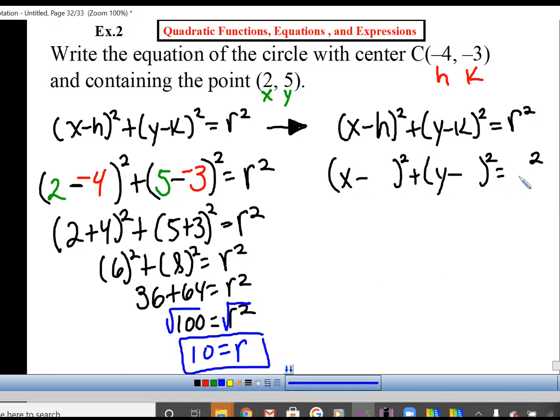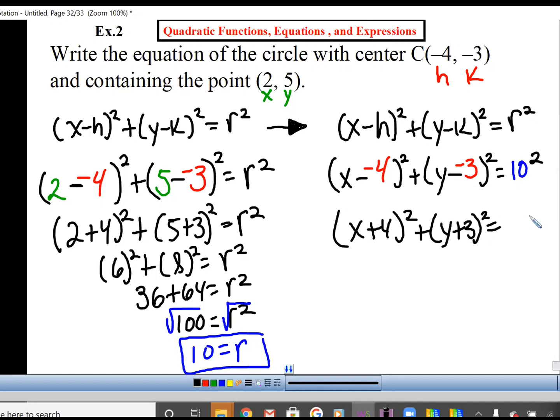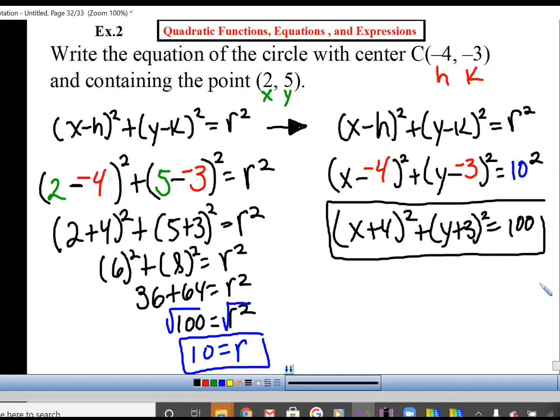What is r? R is 10. What is h? -4. What is k? -3. Let's simplify. So this is parentheses x plus 4 squared plus y plus 3 squared equals 100. And that's the equation for the circle.